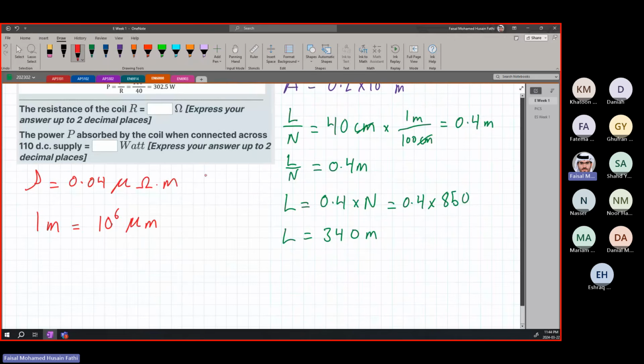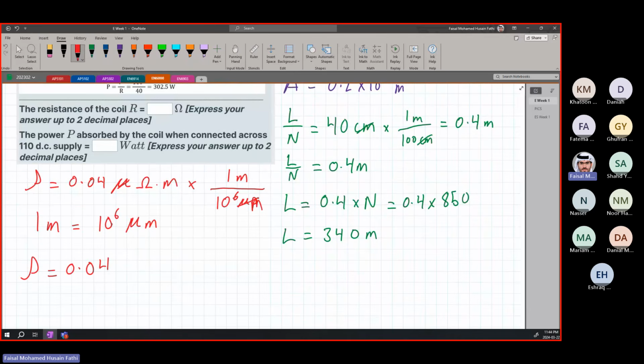All right? So if we want to cancel this, we're going to multiply by 1 meter up top, and the bottom is going to be 10 to the power of 6 micrometers. So the micrometer will cancel, and what will be remaining is just the meter up top. So rho is equal to 0.04 times 10 to the power of minus 6.